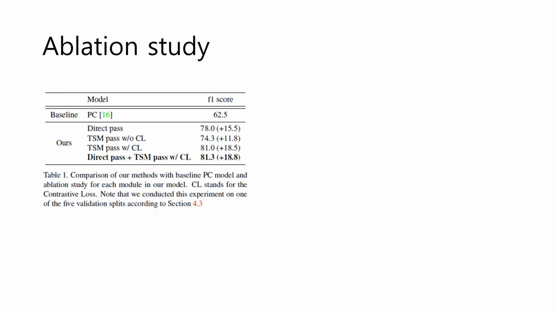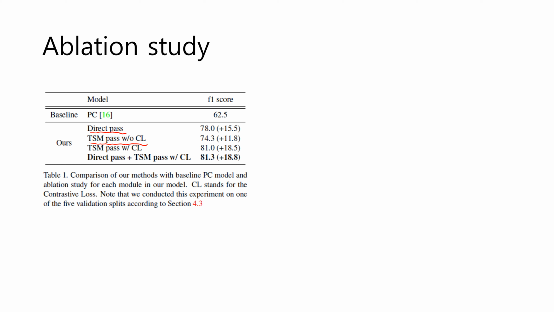And this table displays the ablation study of our method. We can observe that the naive TSM approach, this TSM path without contrastive learning, does not outperform our baseline, this direct path.